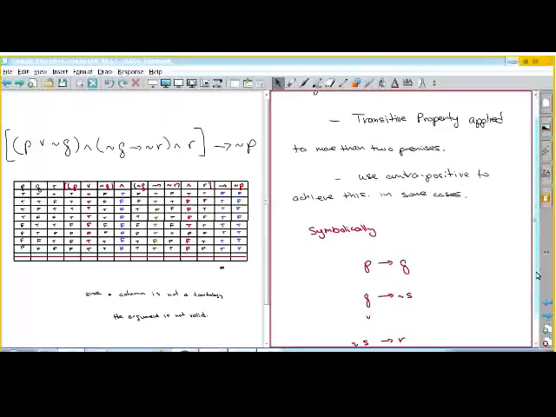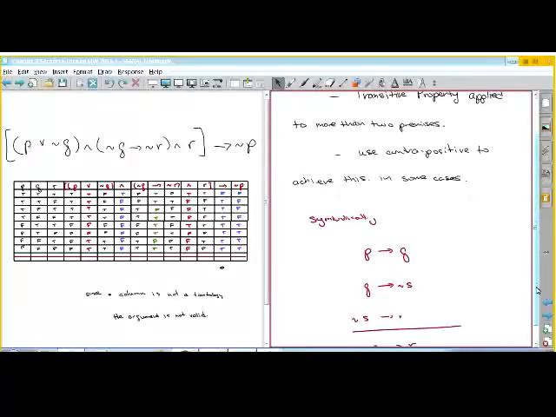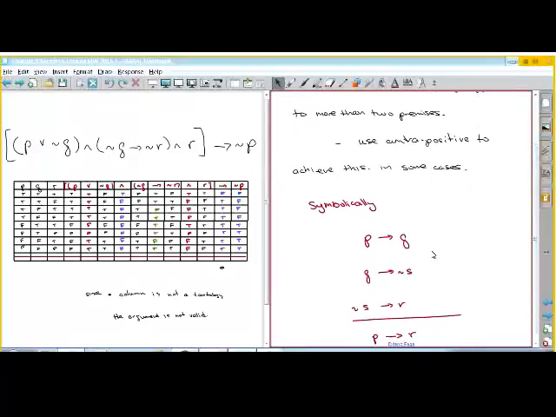So, for example, here's an example of a three-premise Lewis Carroll type argument.